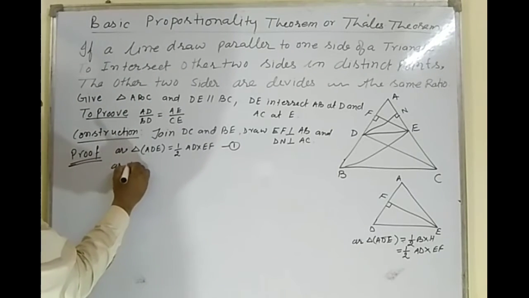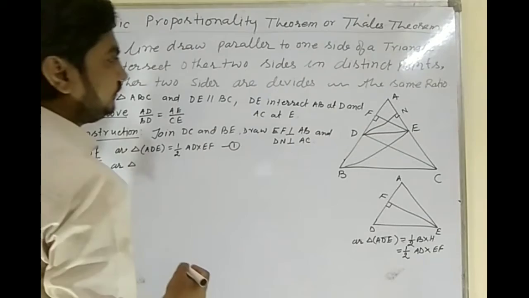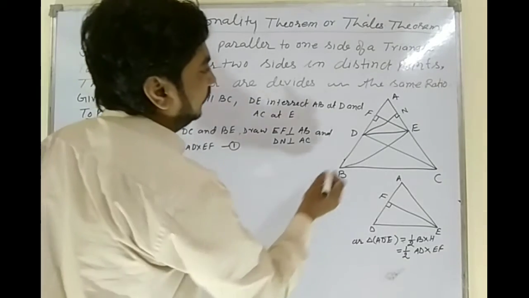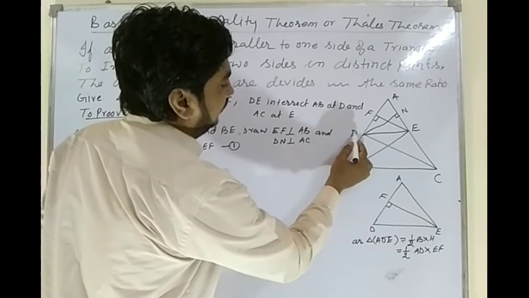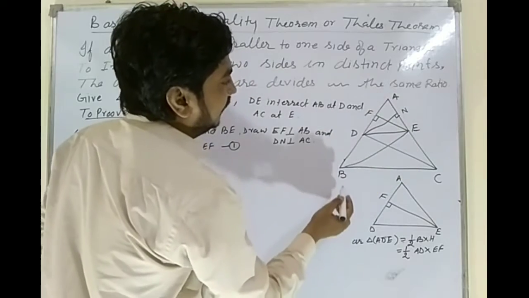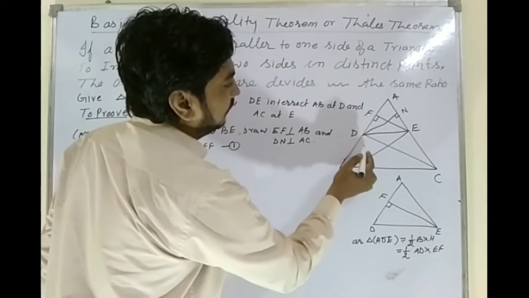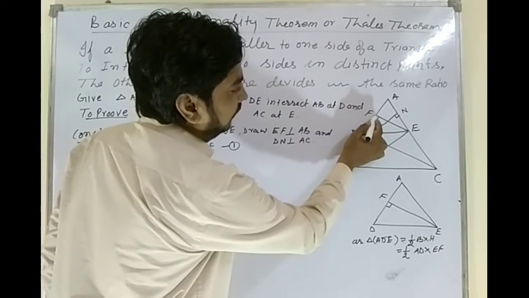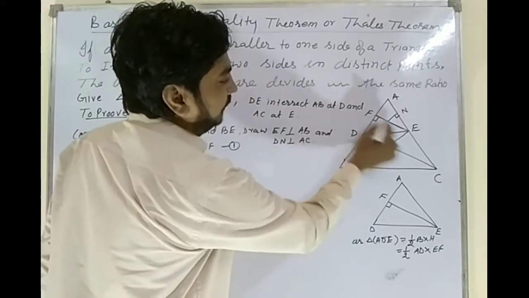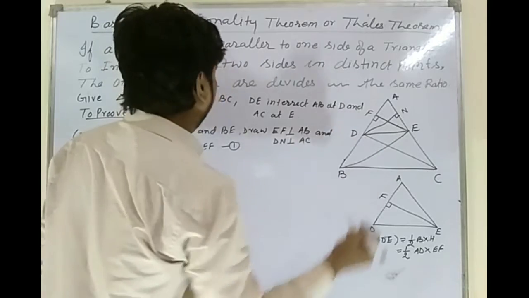Similarly, consider triangle DBE. This is an obtuse triangle, so EF is the height of the obtuse triangle DBE.